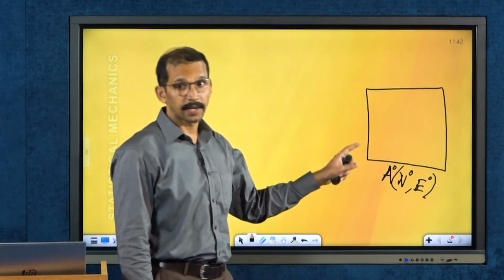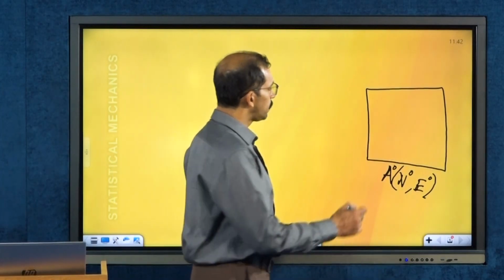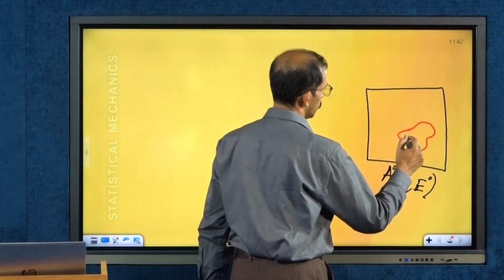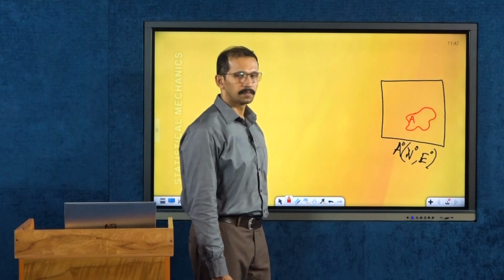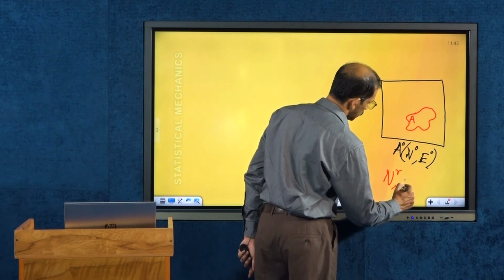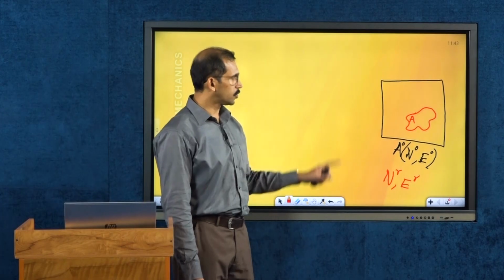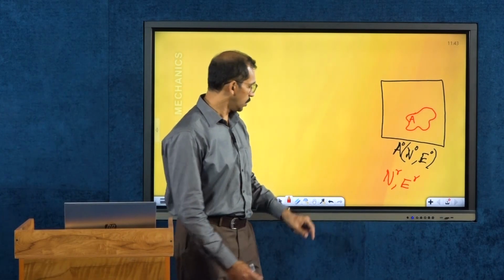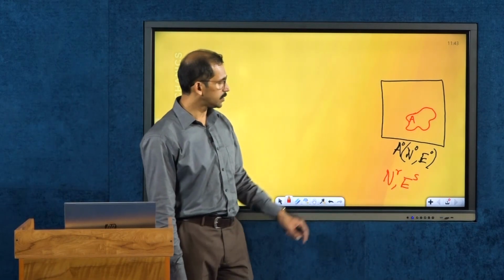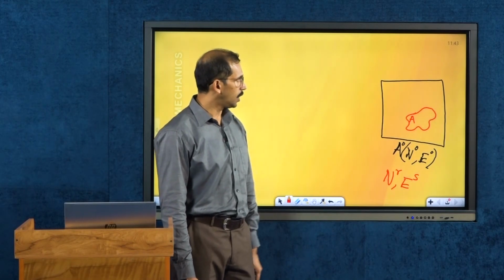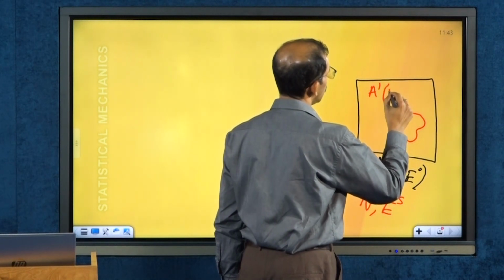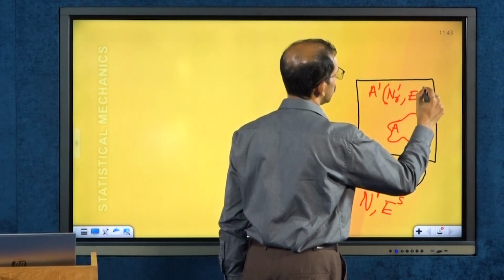So, this is the total characteristic of this box, and within this box let us imagine a small area A. A has nr number of particles, and Es is the energy of the particles in that small area A. The rest of the area I will designate by A dash, which has nr dash number of particles and Es dash energy.